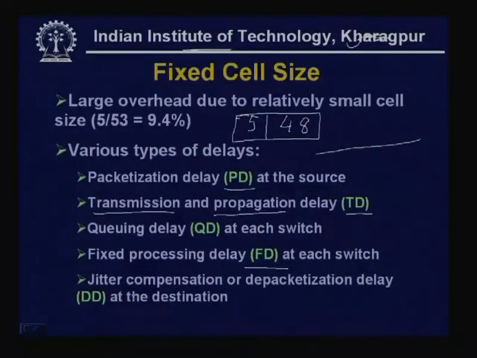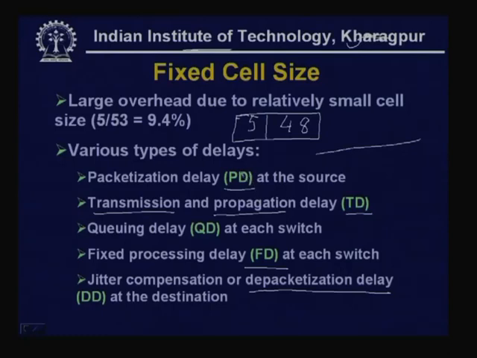Since the packets arrive with different delays, it is necessary to buffer them. For example, when you are playing audio or video, it is necessary to buffer them and then send at a continuous rate, and that leads to the depacketization delay, so that jitter compensation can be done at the destination.